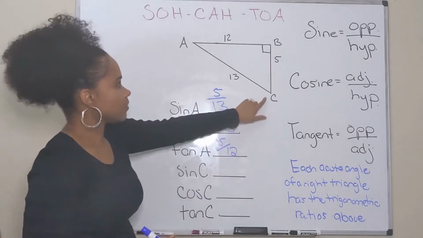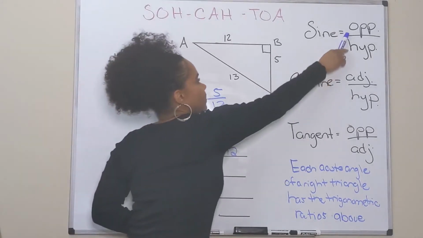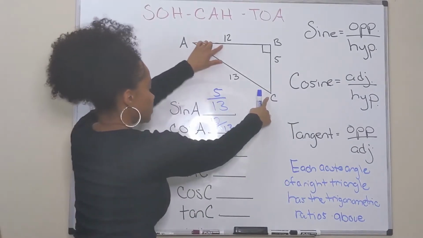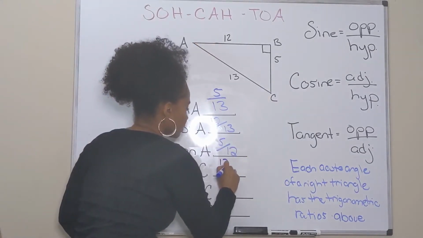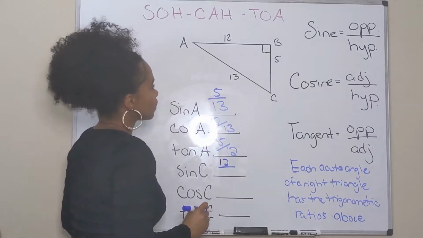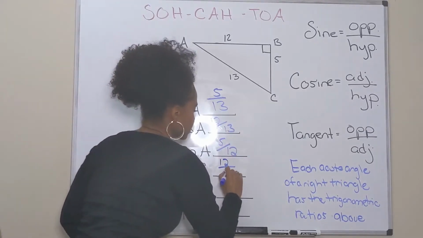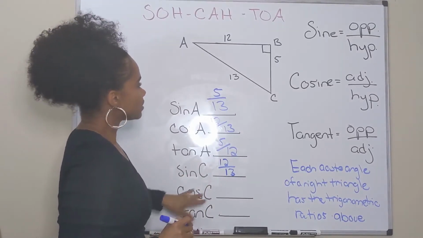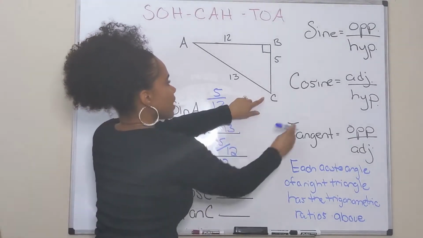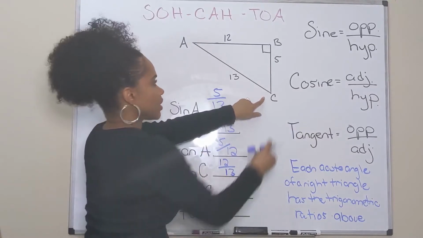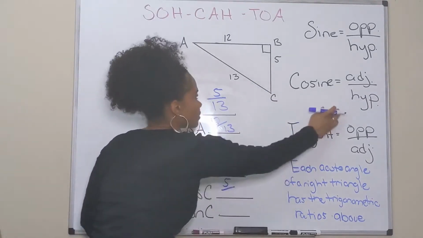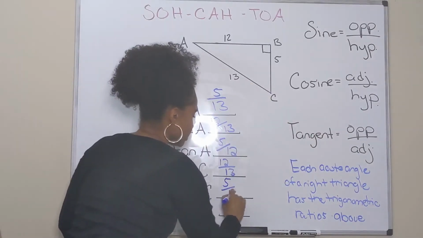Sine of C, again, opposite over hypotenuse. So my opposite side for C would be 12, and my hypotenuse would be 13. So that ratio is 12 over 13. Cosine of C: cosine is adjacent, or next to, so that will be 5 over the hypotenuse of this triangle, which is 13.